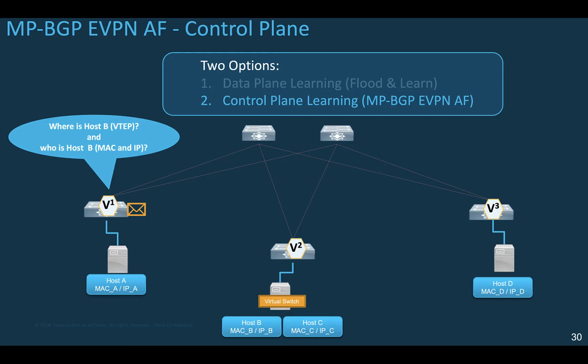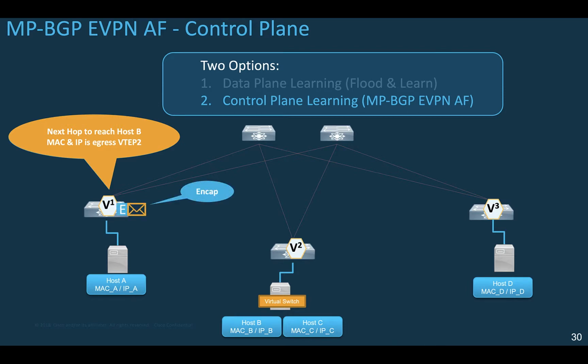And obviously, all these essential modules rely on EVPN control plane learning, not flood and learn. Leaf node 1 makes a lookup in its host table to find the next hop, the egress VTEP, and finds that host B sits behind VTEP 2.